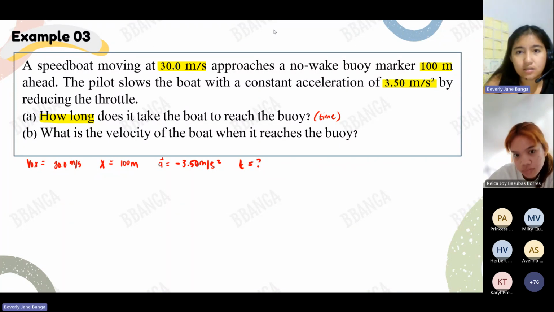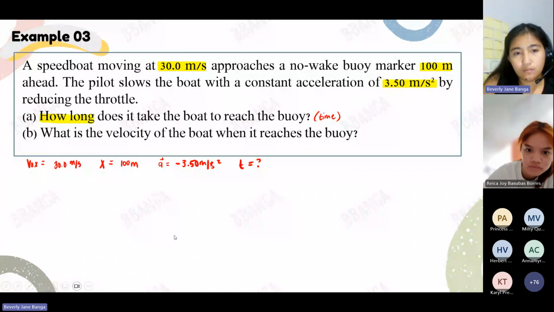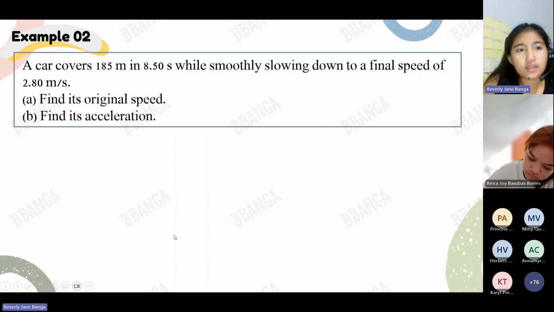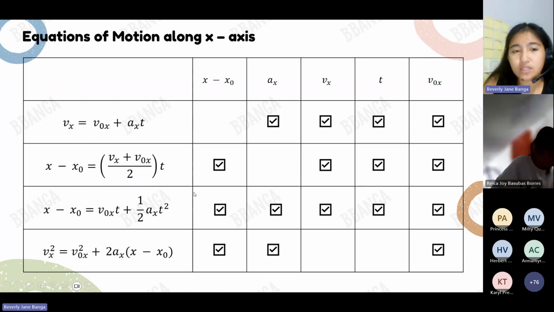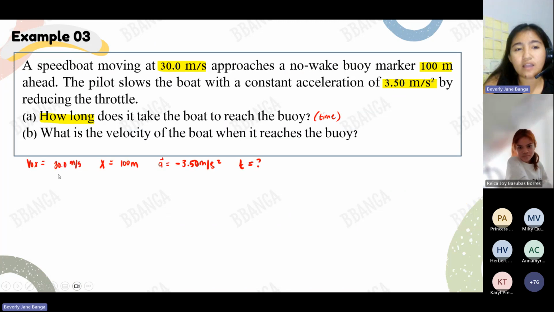Anamir, Kaasi. Yung second equation po, ma'am. Second equation, are you sure? The second equation is this one. x minus x naught equals Vx plus Vox over 2 times t. Ang given sa atin ay Vox, x, and a. Ang hanap ay time.